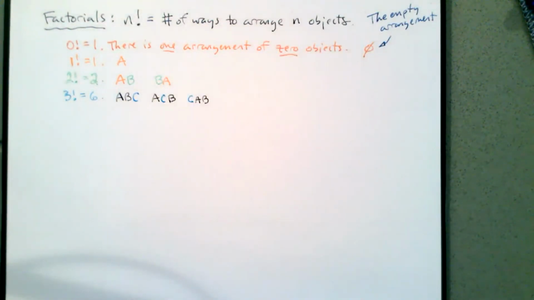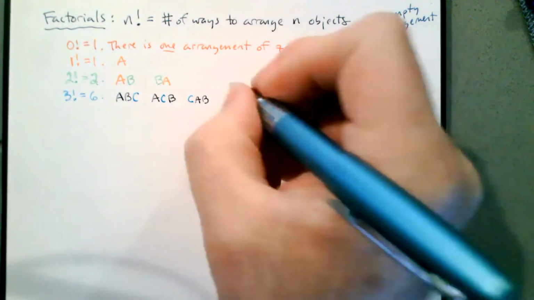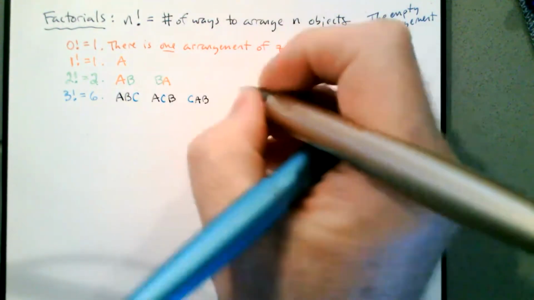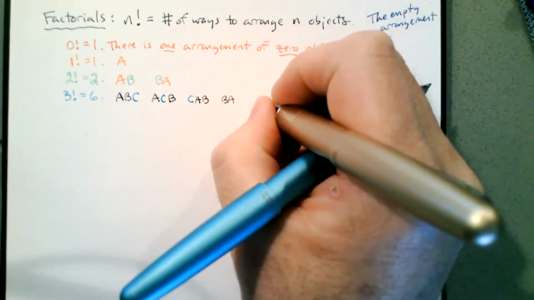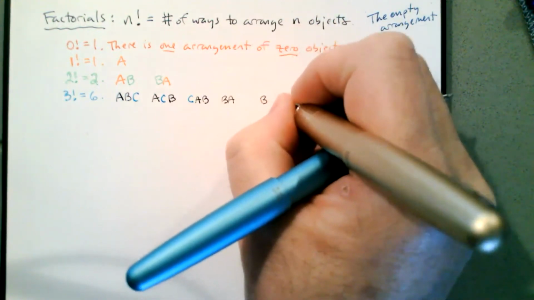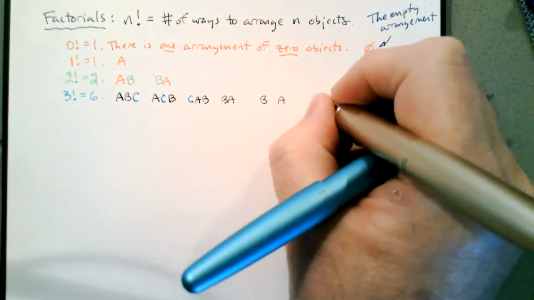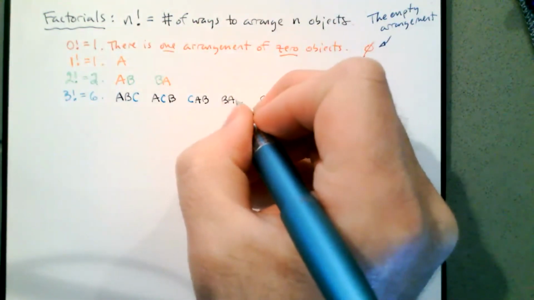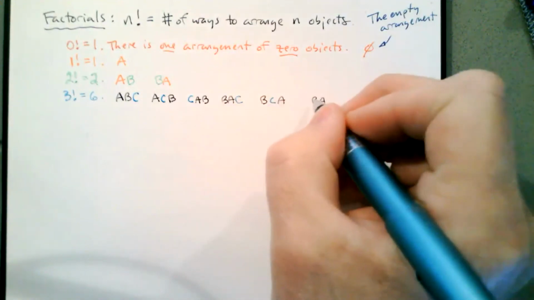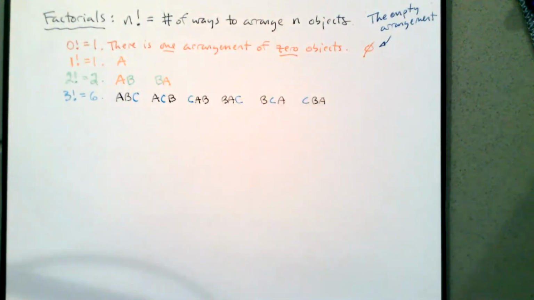Or I have the same 3 places to put a C in the BA arrangement: CBA, BCA, BAC. Six arrangements of 3 objects.